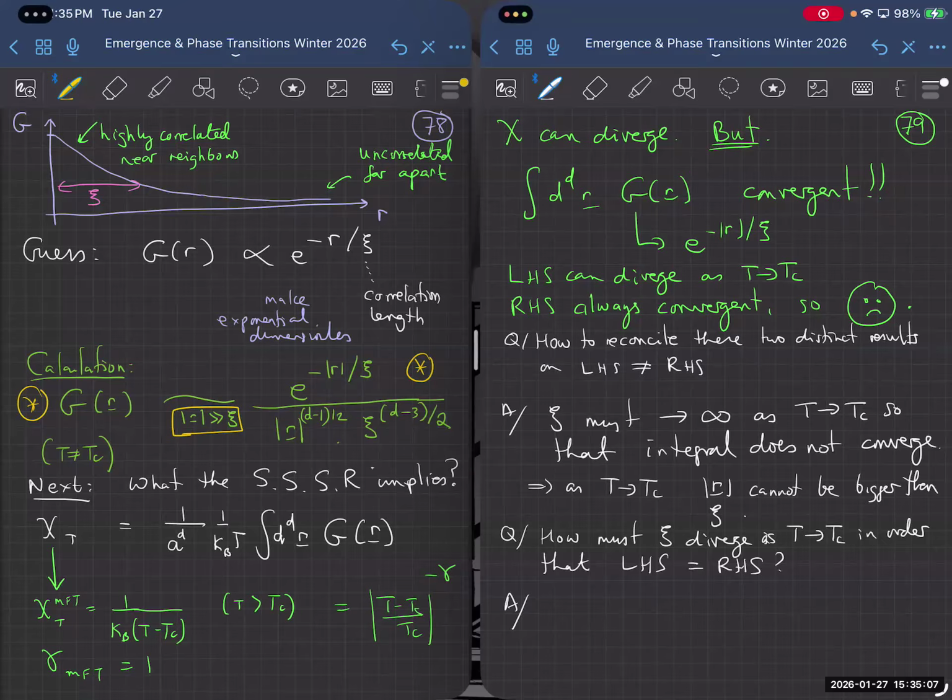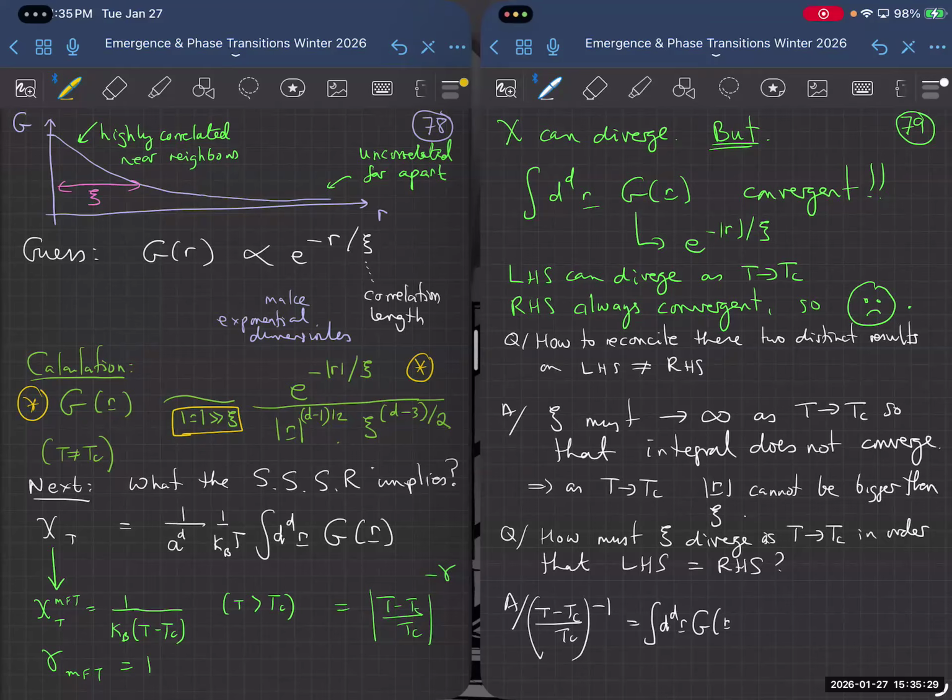So here's how we do the calculation. We say that (t minus tc over tc) to the minus 1 equals the integral d^d r of g(r), the two-point correlation function. I'm going to ignore all the factors of Boltzmann's constant and 2 and things like that for now.